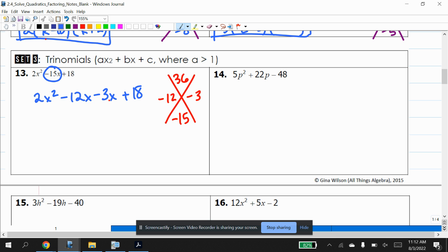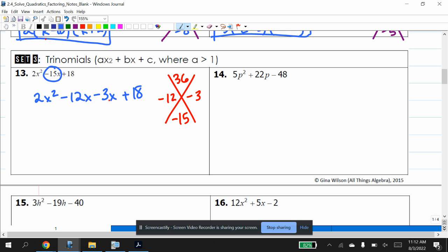It does not matter what order you put these two numbers in, okay? If you wanted to put the negative 3x first and then the minus 12x, it works out the same at the end. I always try to look at it and say, which one has something in common? The 12 has something in common with 2, so I put it first. It's easy to see. It doesn't matter, but that's always what I try to do.